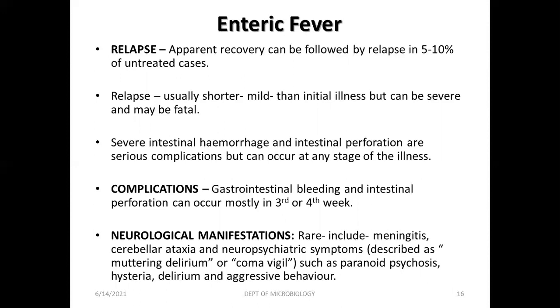Other serious complications are gastrointestinal infection, usually seen in the third to fourth week. Neurological manifestations are rare, and include meningitis, cerebral ataxia, and neuropsychiatric symptoms like muttering delirium or coma vigil, paranoid psychosis, hysteria, delirium, and aggressive behavior.